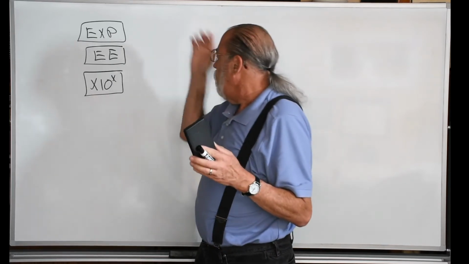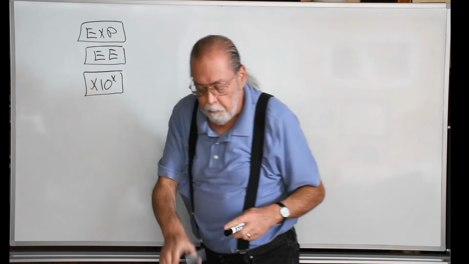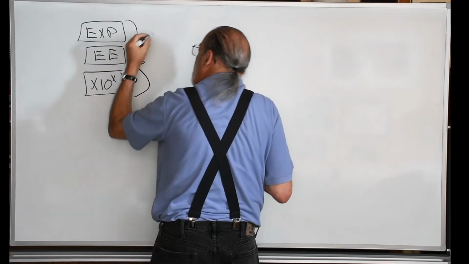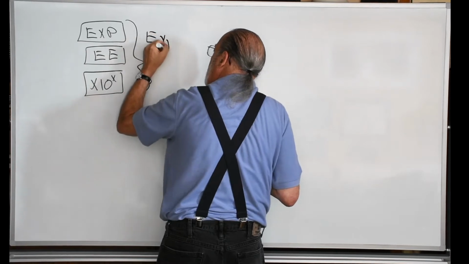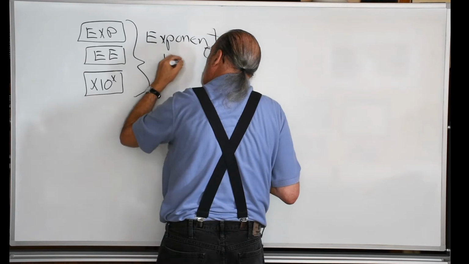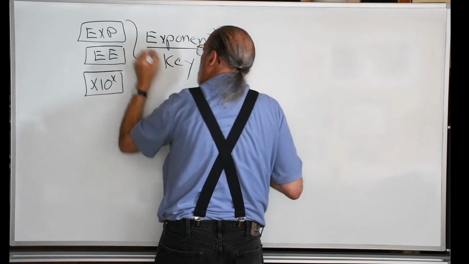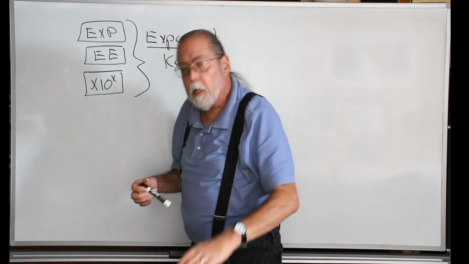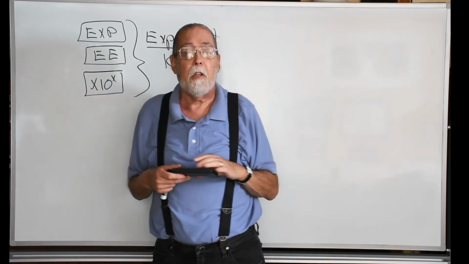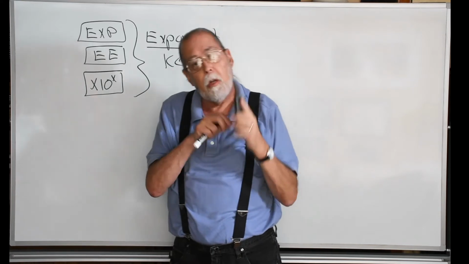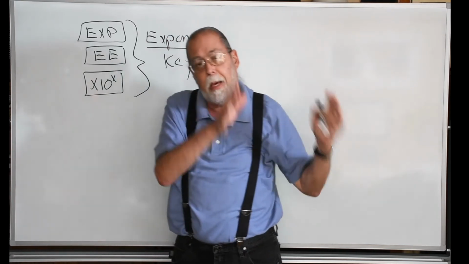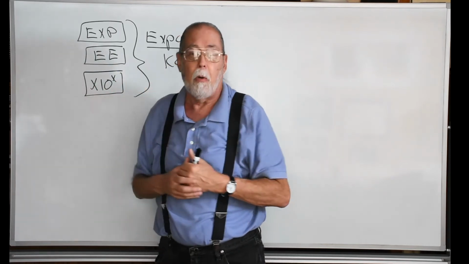Now, what this tells the calculator is that when you press this button, this is the exponent key. See, the calculator internally pretty much manipulates numbers in scientific notation. When you enter a number into the calculator, it converts it into a mantissa and an exponent.